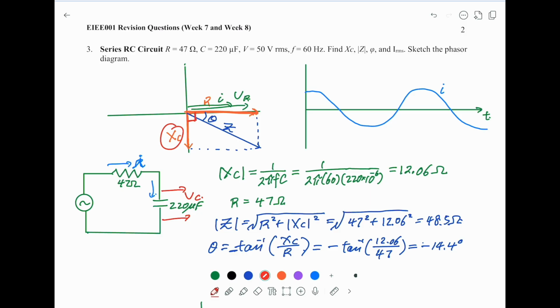It means the voltage here should be here. If you just look at the phase, it is 90 degrees, and this is the voltage across the capacitor.